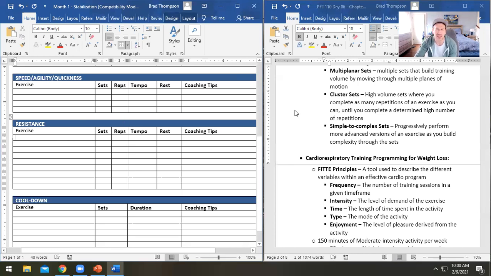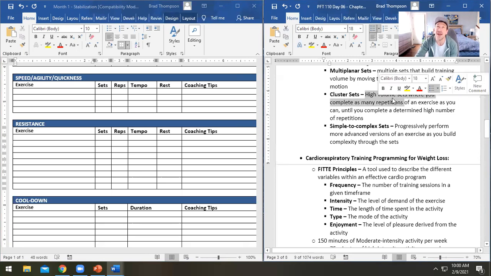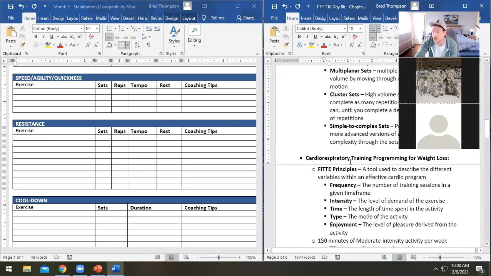And then we've also got cluster sets. Cluster sets are kind of fun. These are high volume sets where you complete as many repetitions as you can until you're done. Step 1, get started. There is no step 2. Cluster sets are literally like, all right, Kenny, 100 burpees, go.